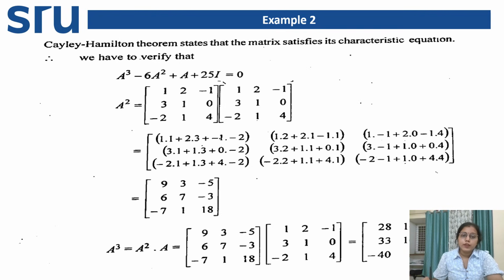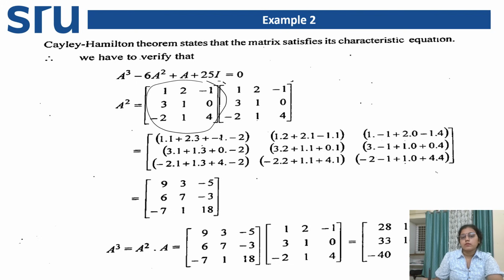Now for the verification, we have to verify whether the left hand side of this equation is equal to 0 or not. For that you have to find A squared first, then multiply A squared with A, and you get A cubed. So find A squared: this is the matrix A, multiplied with itself, so you get this.